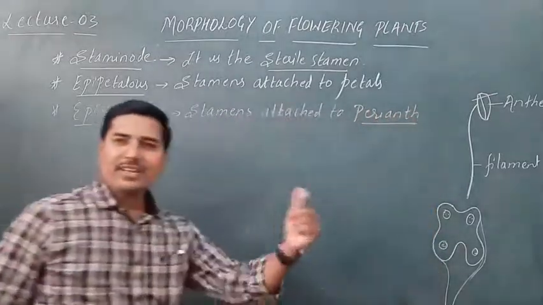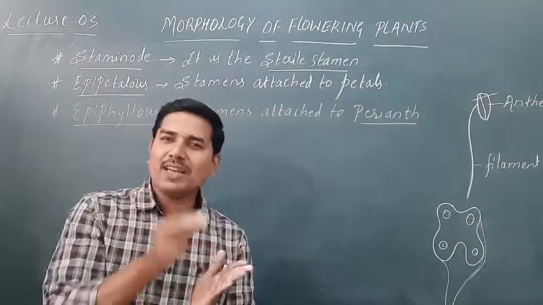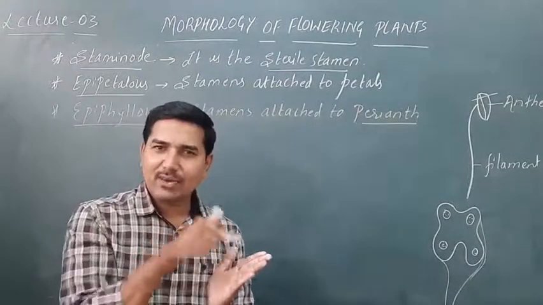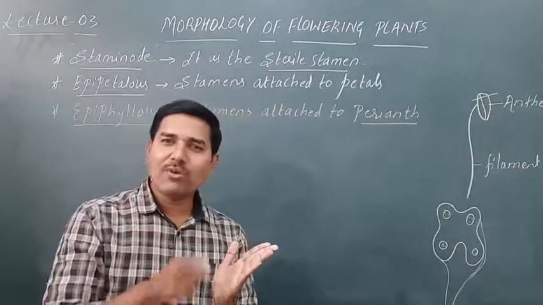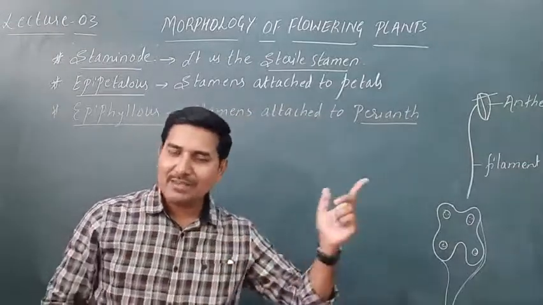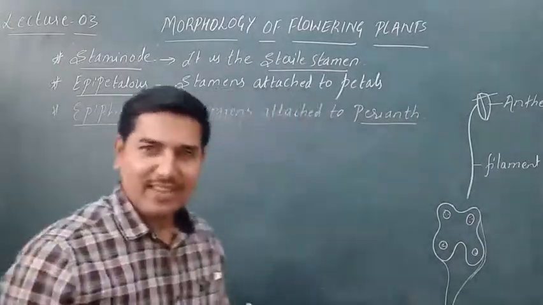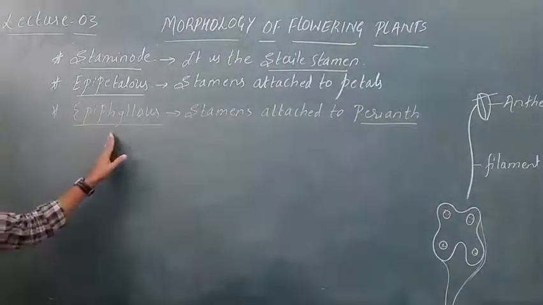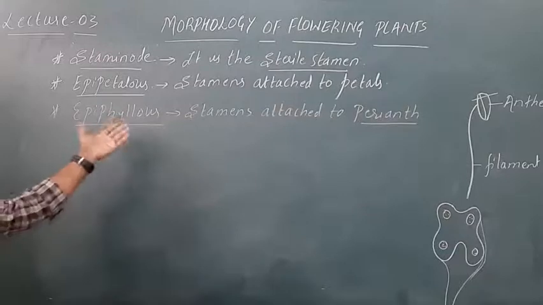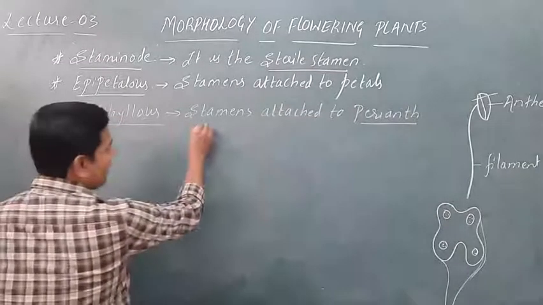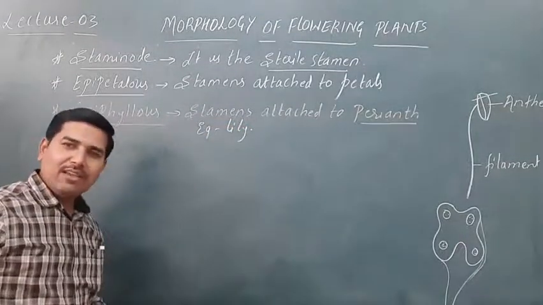In the lily plant, the perianth has no differentiation into sepals and petals, so we call it a perianth. If stamens are on it, we call it epiphyllous. Epipetalous means stamens on petals, epiphyllous means stamens on perianth. This is the term we use for epiphyllous flowers. Then, along with that, let us use one more term. Here we can take the example of the lily flower.